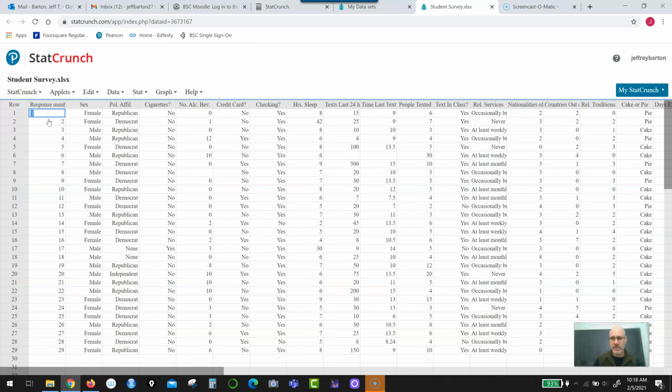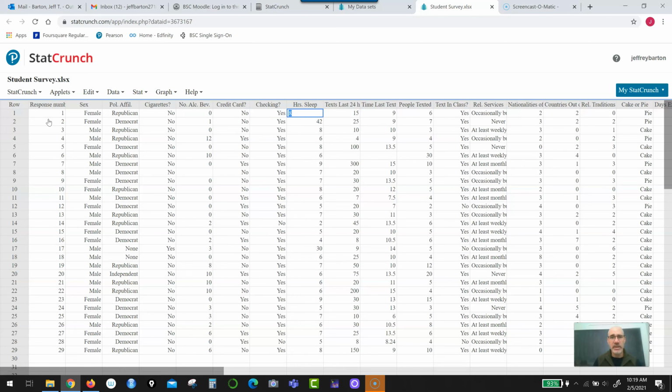Now, across the columns is where we store our variables. So the variable is a characteristic of an individual, and basically all of those questions that you were asked in the study generate variables for us. So we have sex, political affiliation, whether or not someone smokes cigarettes, the number of alcoholic beverages someone consumes in a typical week, whether they have a credit card, whether they have a checking account, and so on.